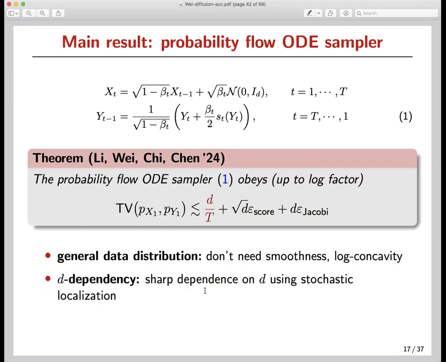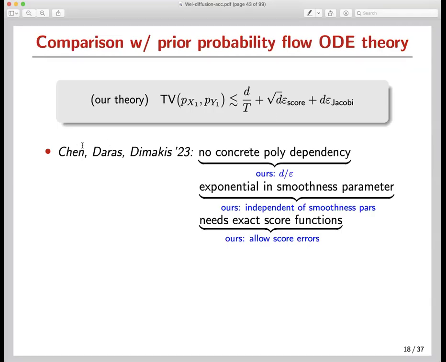And also we have a sharp dependence on d. In previous results, usually they give you a polynomial dependence on d without characterizing the exact dependence. More specifically, the recent paper by Chen et al. shows no concrete polynomial dependence on d, and they are exponential in terms of the smoothness parameter, because they assume that the density is smooth and they need an exact score function estimate, meaning that you cannot have any error in your score estimate.